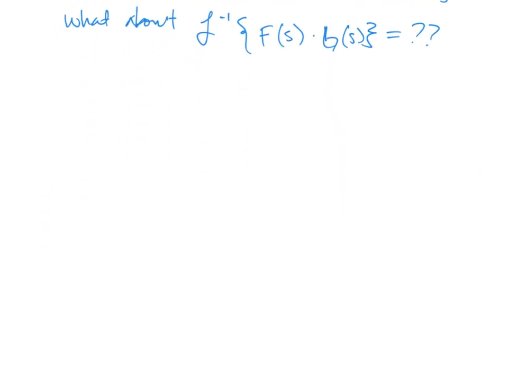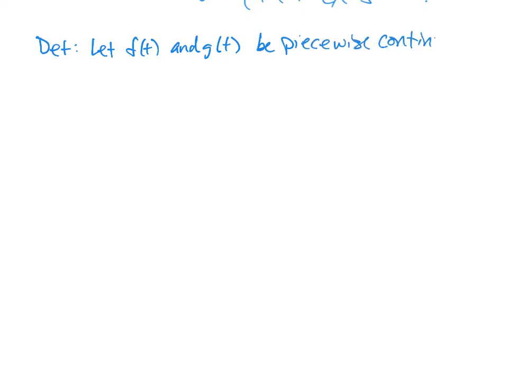So let's get our definition up here first. Let f of t and g of t be piecewise continuous functions. We need them to be piecewise continuous so that we can take an integral, on 0 to infinity.